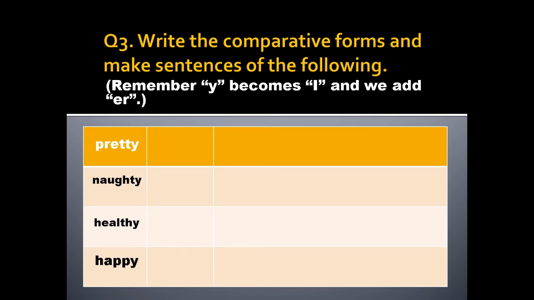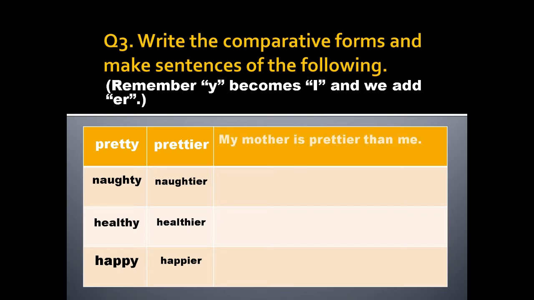Now we have to change these positive forms into comparative forms. Pretty becomes prettier, naughty becomes naughtier, healthy becomes healthier, happy becomes happier. So now we have to make the sentences of all these comparative forms. The first sentence is, my mother is prettier than me.